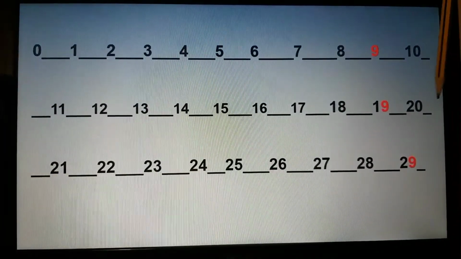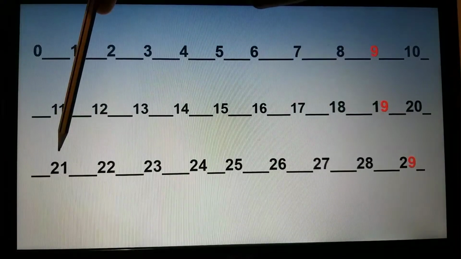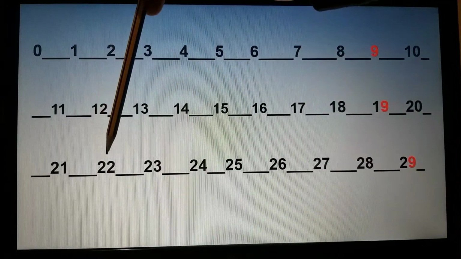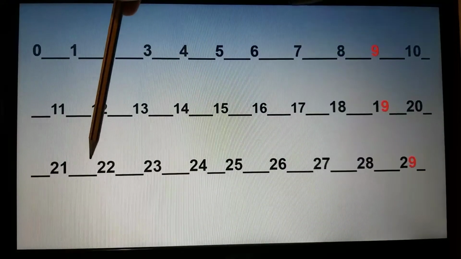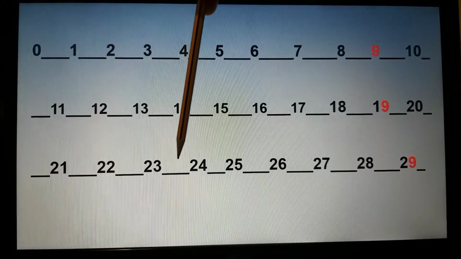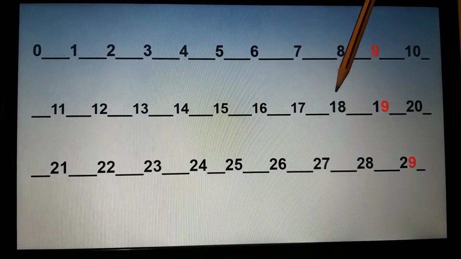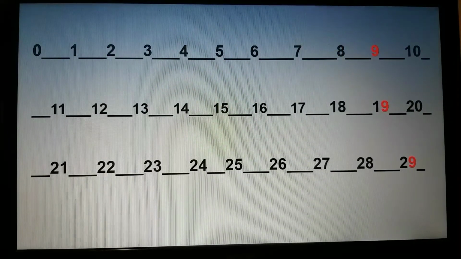You see, 20 add 1, 21, 20 and 1. 20 add 2, 22, 20 and 2. We keep carrying 20, adding ones to the right column, and when we reach 29, it becomes 30, 3 tens.